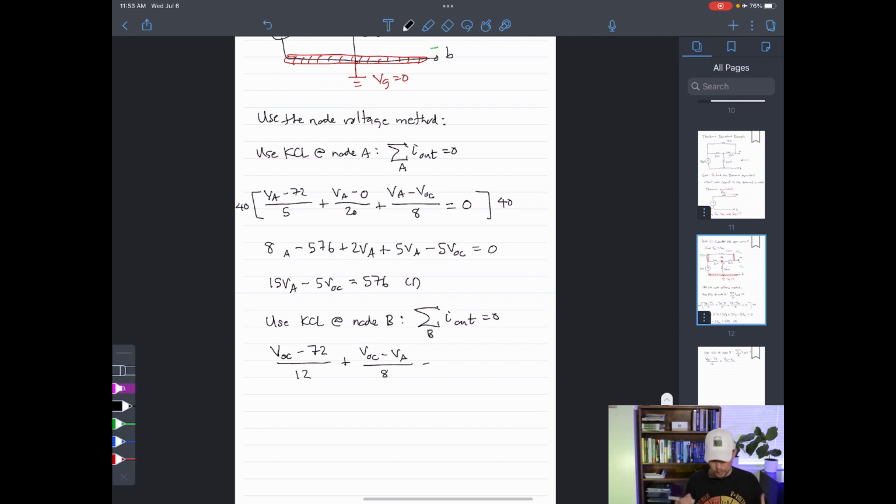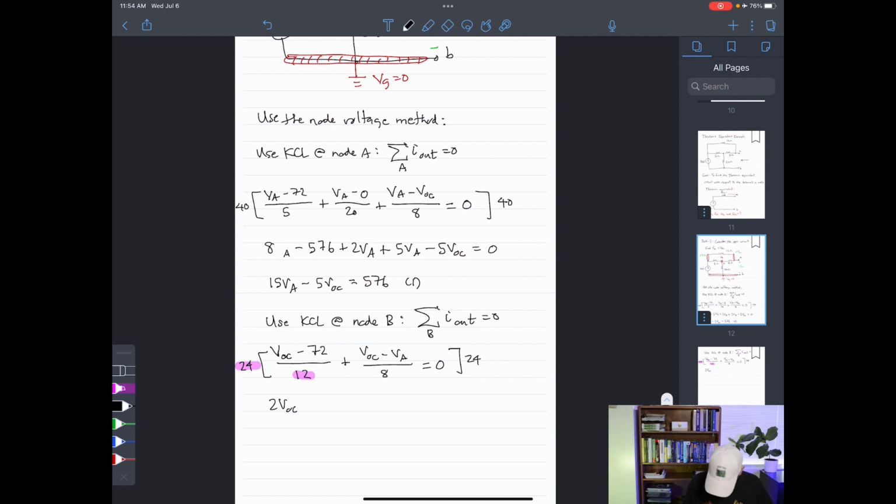Once again, I can clean up this equation by multiplying through by the common denominator. Here the common denominator looks to be 24. So I can multiply everything through by 24 and then distribute. So 24 divided by 12, that's 2, and I can distribute that to VOC. So I have 2 VOC. 2 times 72 should be 144, but let's confirm that.